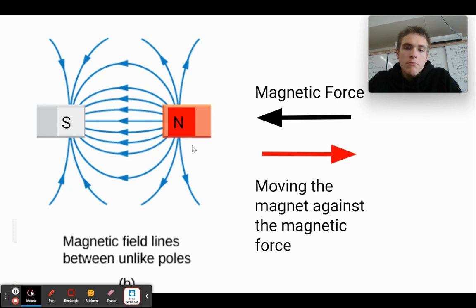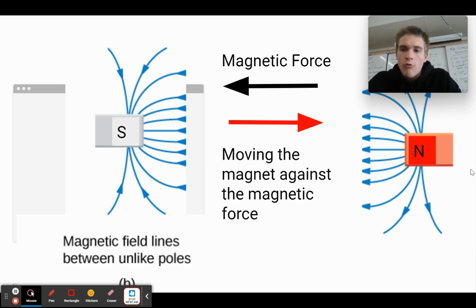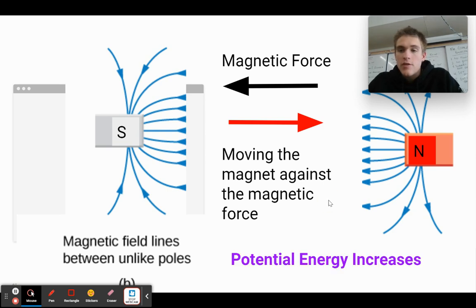But what if we move the magnet against the magnetic force? If we move it all the way over there, we've now moved the magnet against the magnetic force, so potential energy increases.